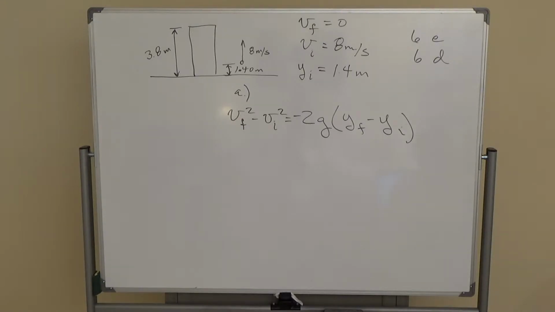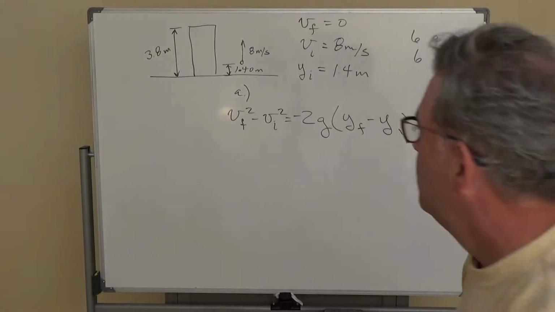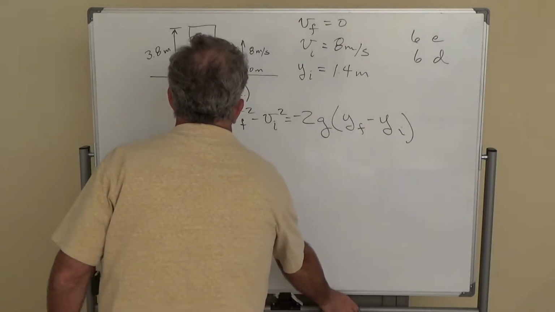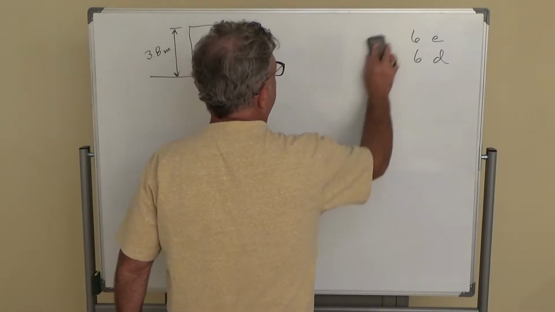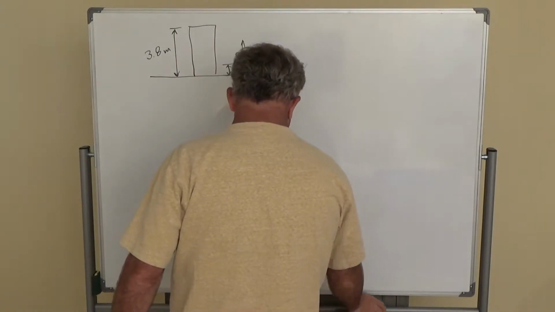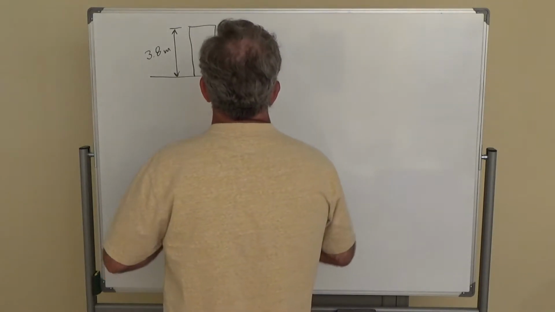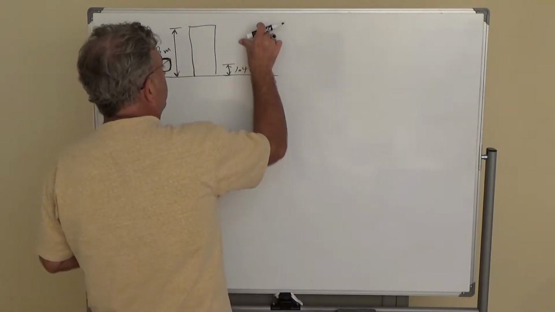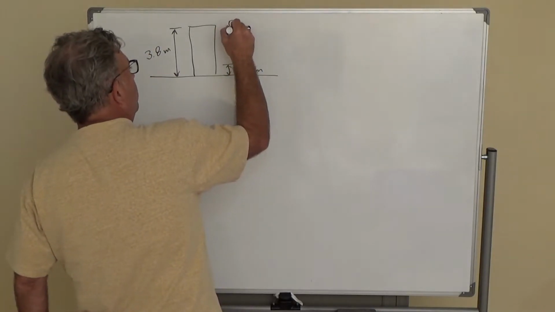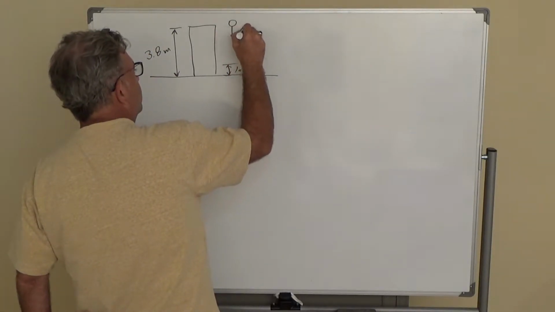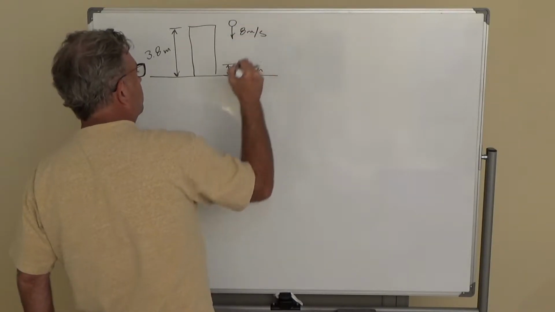Okay, so for that case, for C, you have the object starting here, and this is 8 meters per second, okay?